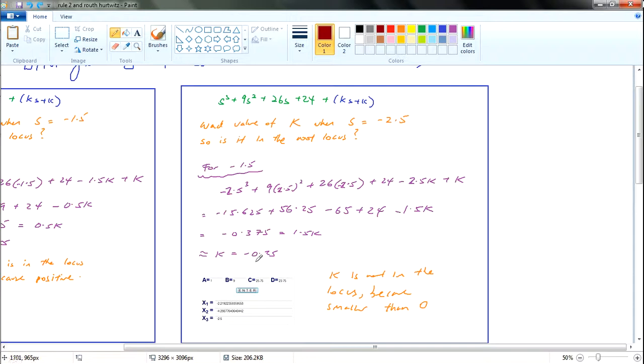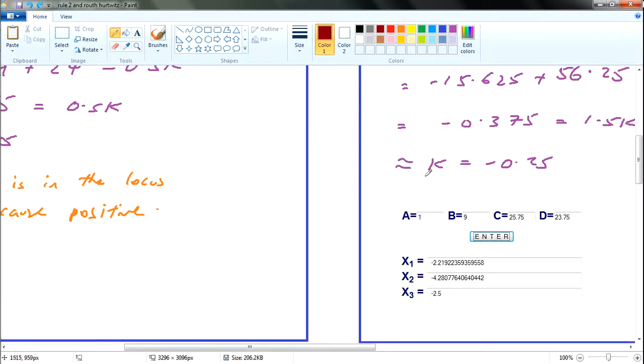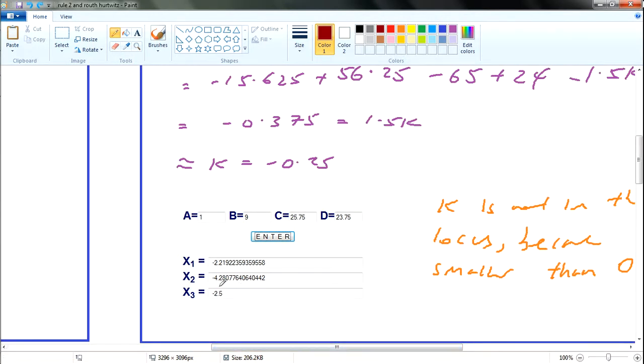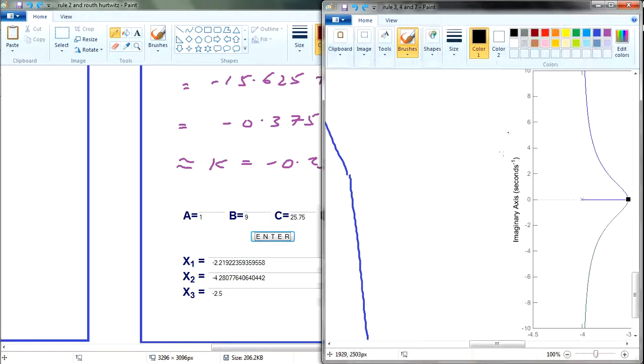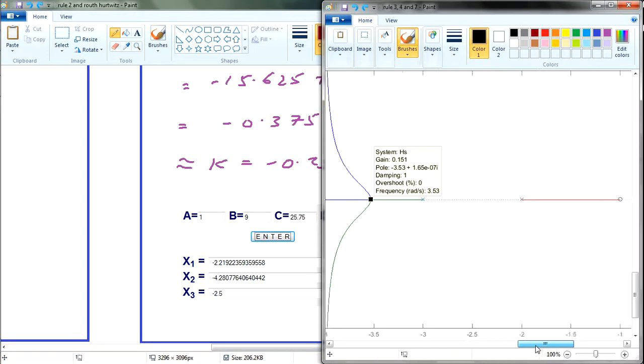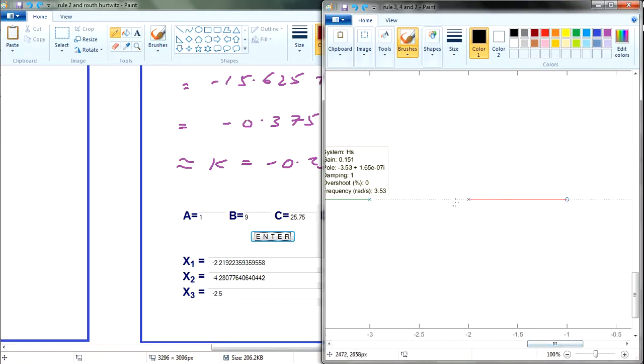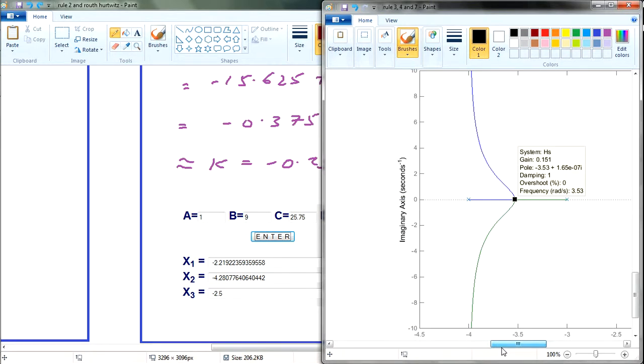If you want to double check, when I substitute k equals minus 0.25, you can see that I have a value of all this. We have minus 2, we have all this. So you can see minus 2.2 is over here, it's not in the root locus. Minus 4.2 is also not in the root locus.